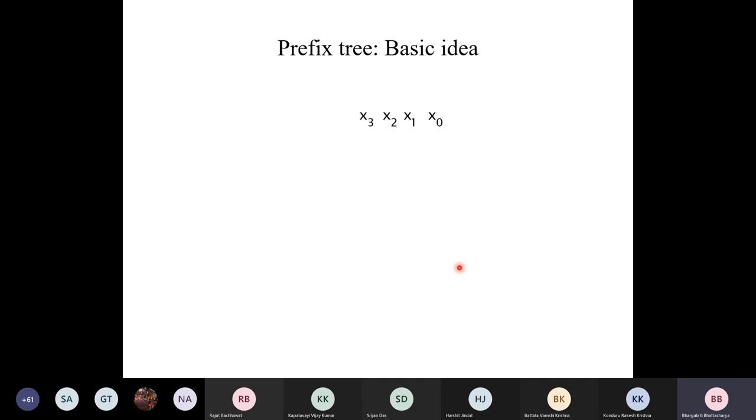What would be the prefix sequence? x0, then the next term would be x0, x1, the next x0, x1, x2, and the last term would be x0, x1, x2 and x3. All product terms.